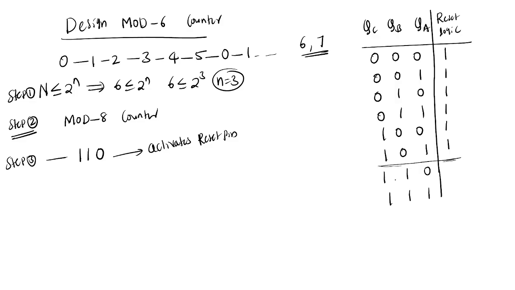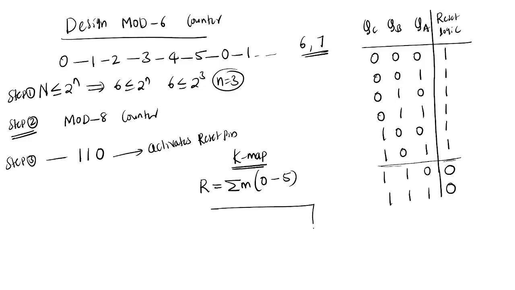So when this becomes 110, reset will be activated, from the K map. So what is the reset logic? Summation of m of, tell me the minterms. 0 to 5. Yeah, I'll draw the K map.